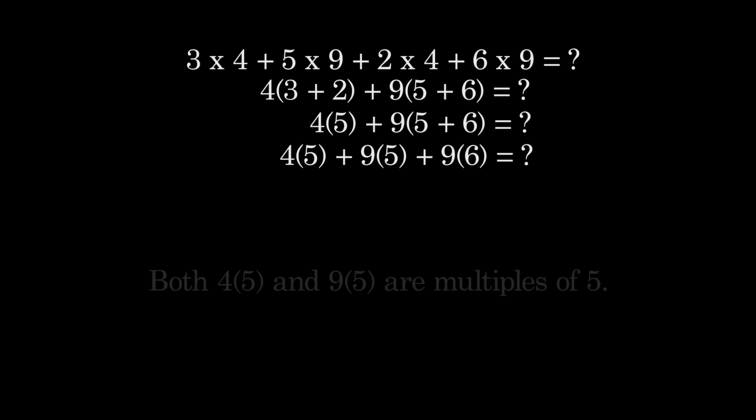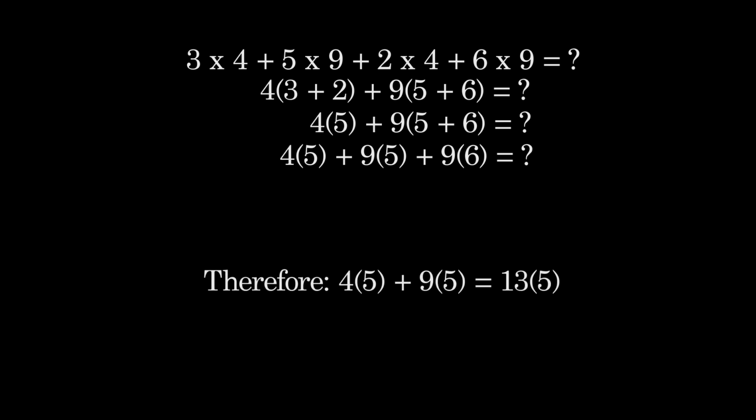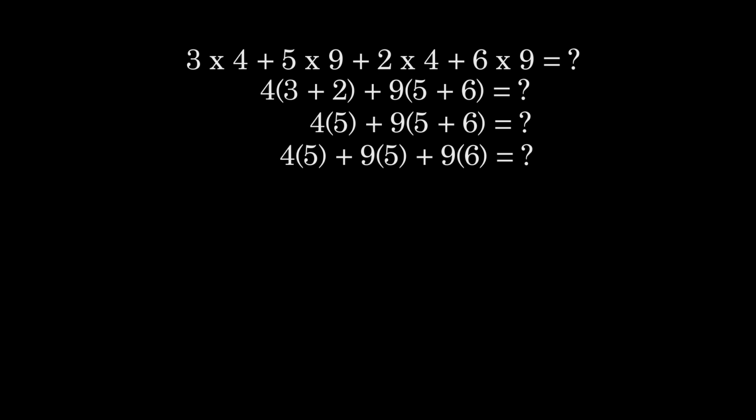And again, because we know from distribution that since 5 can be factored out of 4 times 5 and 9 times 5, then we can add those other numbers together. The 4(5) plus 9(5) is really the same thing as 13(5). That means that we can convert this whole thing into 13(5) plus 9(6). And if you don't believe me, simply calculate.